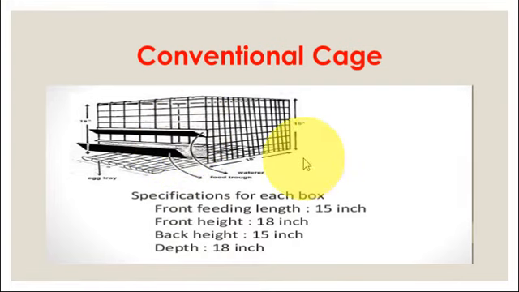At the back it is 15 inches in height, and in the front it is 18 inches. So the front is higher than the back, which makes a slope. When the egg is laid, it enters into this egg tray.